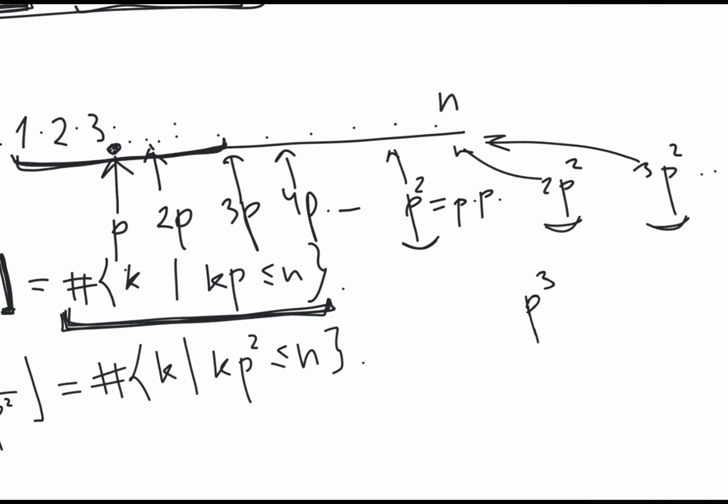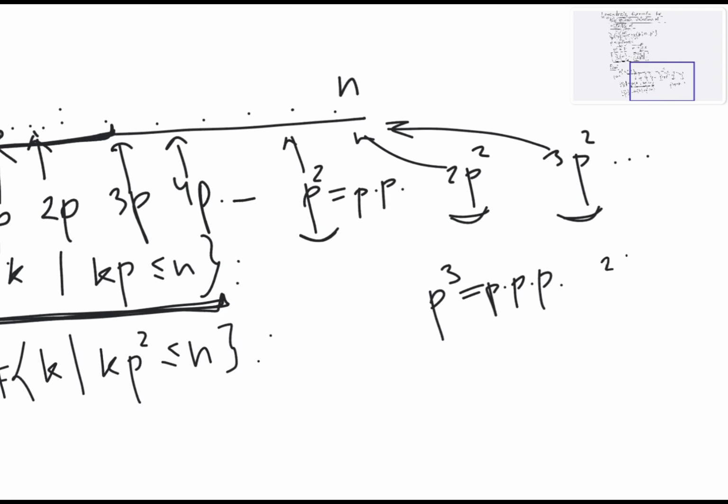And so on. When we have p cubed, if it is still less than n, then two of the divisors p are already counted in the previous sets, and the third one we haven't yet counted, so we need to count it separately. Similarly for 2p cubed, 3p cubed, and so on.